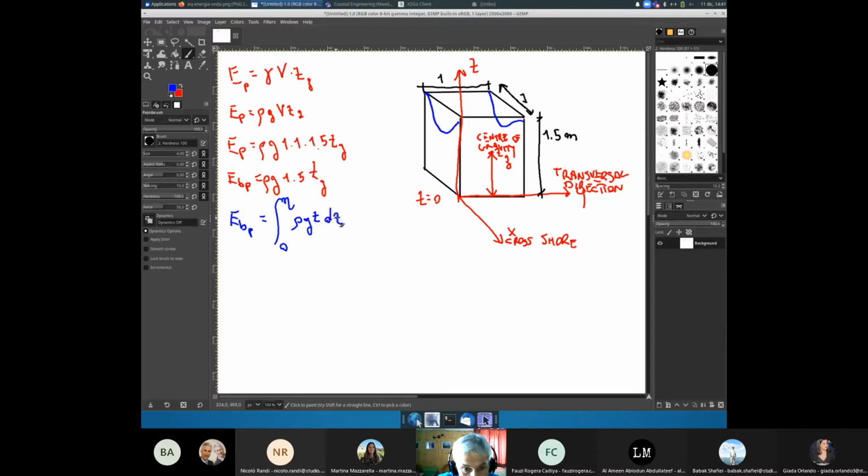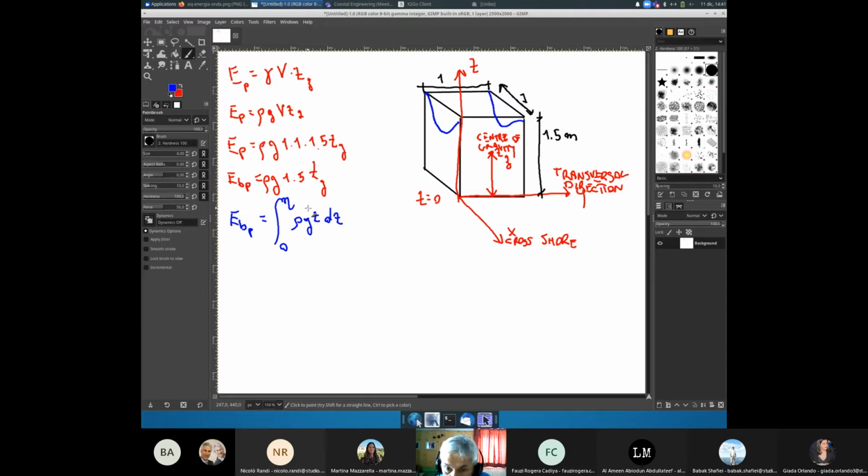And you see something very similar to what we computed before. But again, this wave is going up and down during the phase, and therefore this eta is continuously varying.